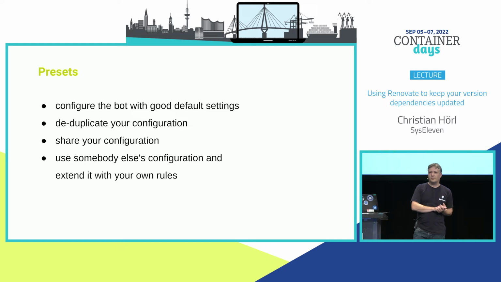The next thing in Renovate is surely the presets. It comes with a lot of presets shipped. They give the Renovate bot a really good starting configuration with good, reasonable default settings.